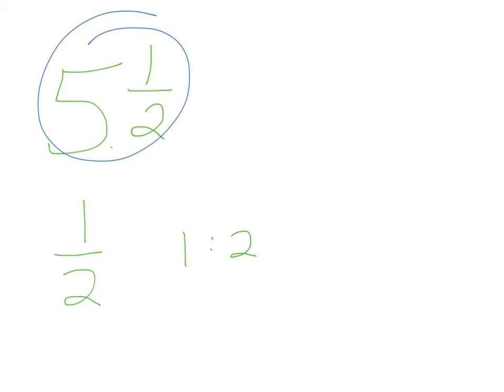But we know very well how to convert a mixed number to a number that's just 2 numbers. So if I take that 5 times 2 plus 1, remember where we changed them into improper fractions, that's going to change it to 11/2.